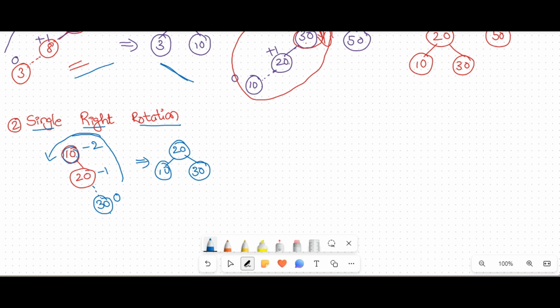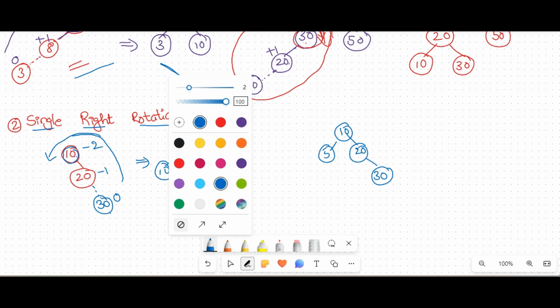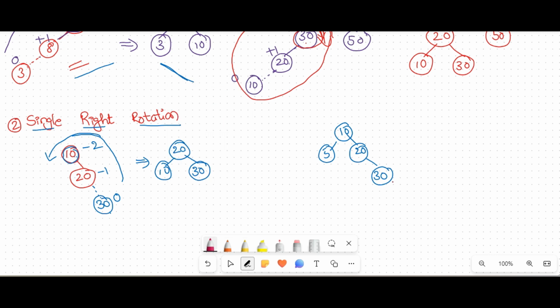Now let us take another example: 10, 5, 20, 30. Now insert 35.